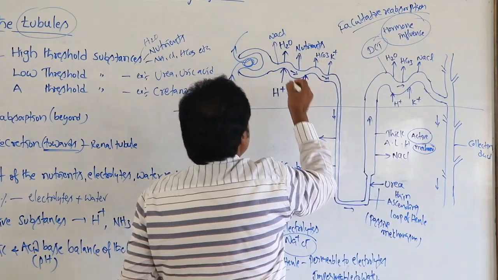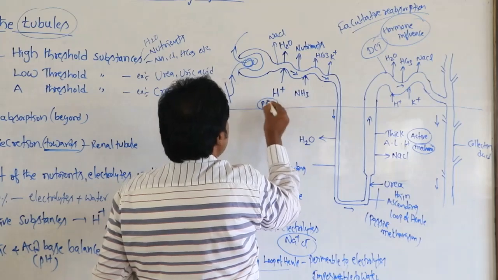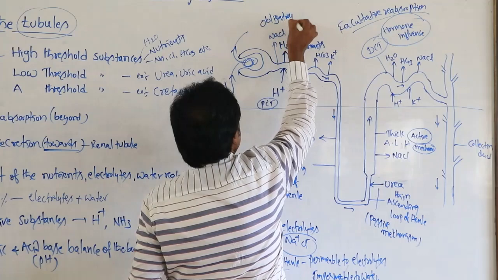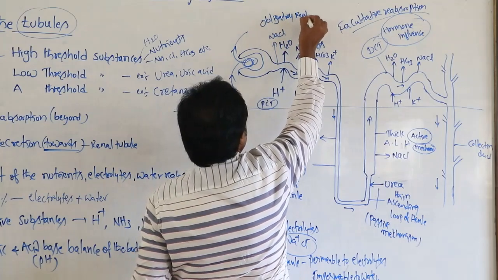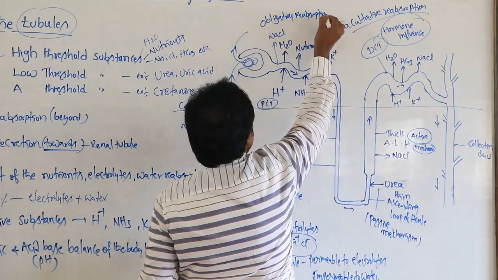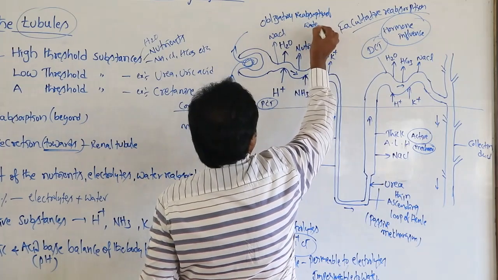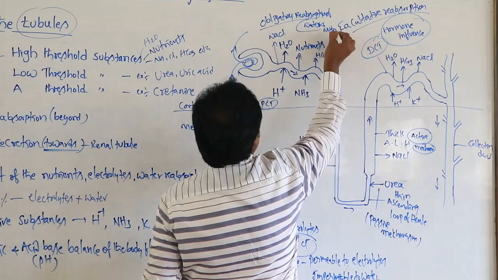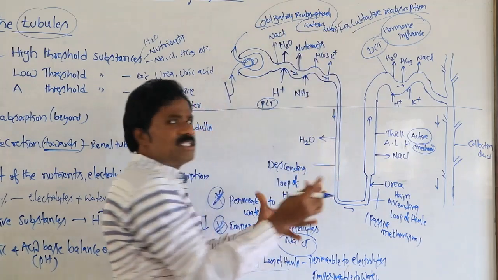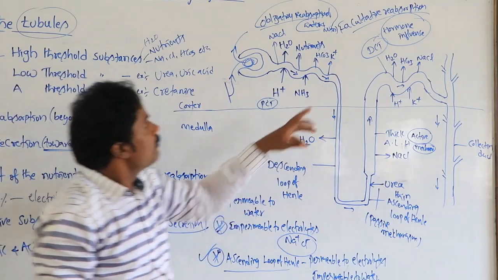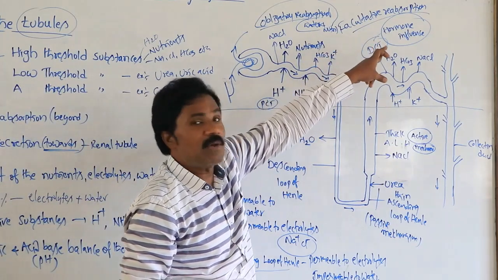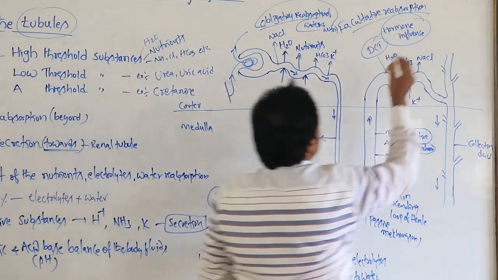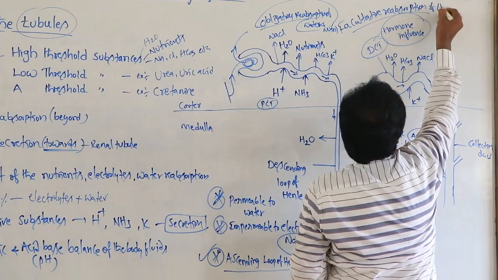But in the PCT, the proximal convoluted tubule, what type of absorption? This is obligatory reabsorption of water as well as nutrients. Obligatory means compulsory, mandatory. But here, facultative: if hormones are absent, it is unable to reabsorb water.